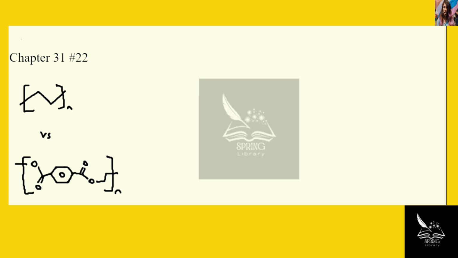And so the answer is found in the structure of these molecules. HDPE and LDPE both are polymers of this form from this monomer, whereas I've chosen PET, which is polyethylene terephthalate, for the purposes of comparison.